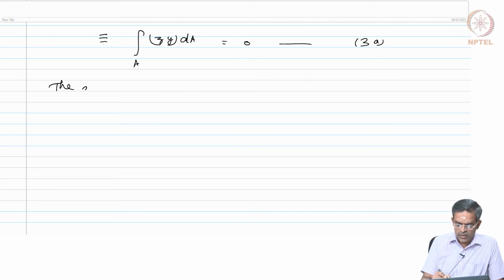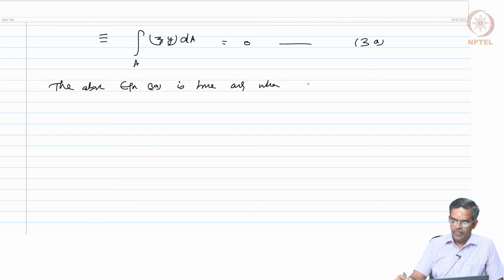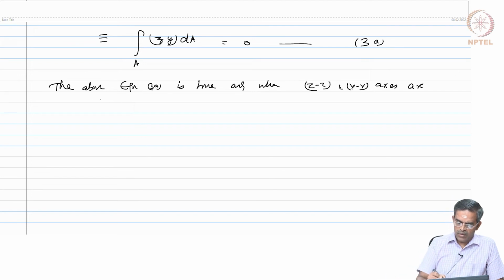The above equation 3a is true only when the z and y axes are principal axes.